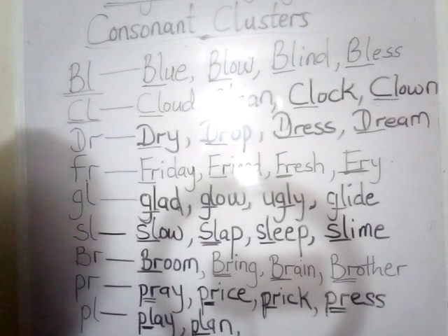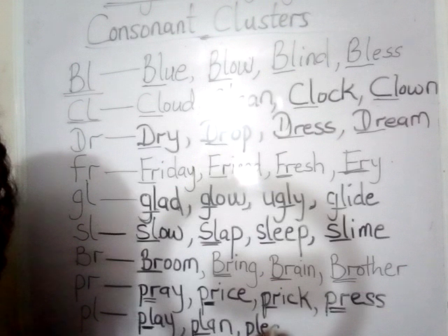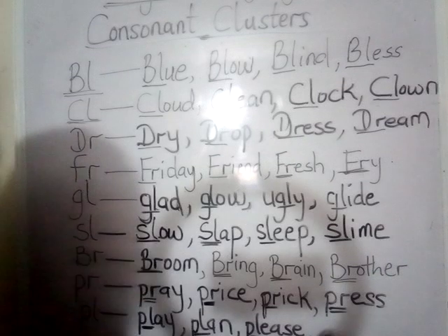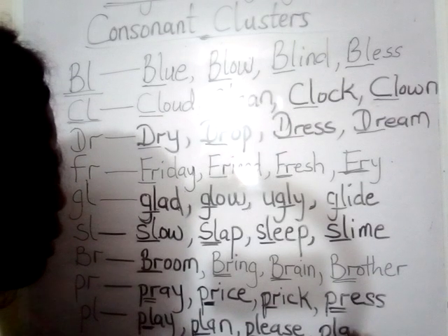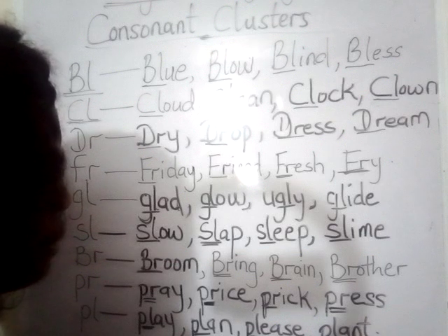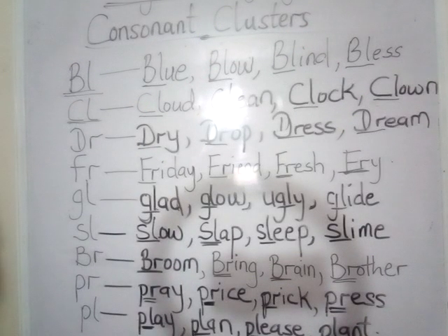Okay. We have please. Please. And we have plant. Plant. We have other consonant clusters, okay, like S and M.